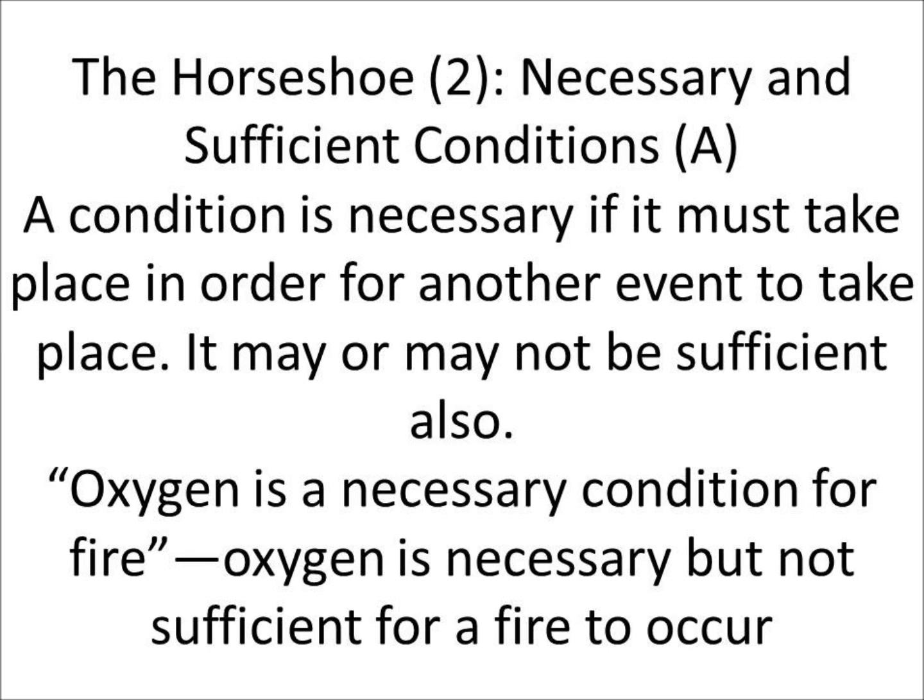Well, oxygen is necessary for a fire to occur. You have to have oxygen to have a fire. But it's not sufficient for a fire to occur. We certainly hope not. Otherwise, the entire planet would be burning. You have to have something else. Somebody strikes a match, lightning strikes, something starts a fire. So it's only a necessary condition.